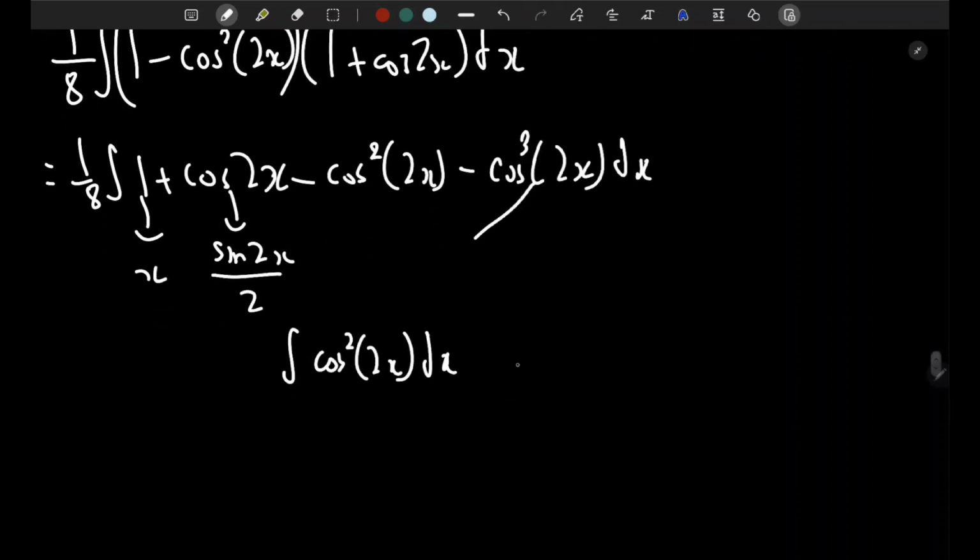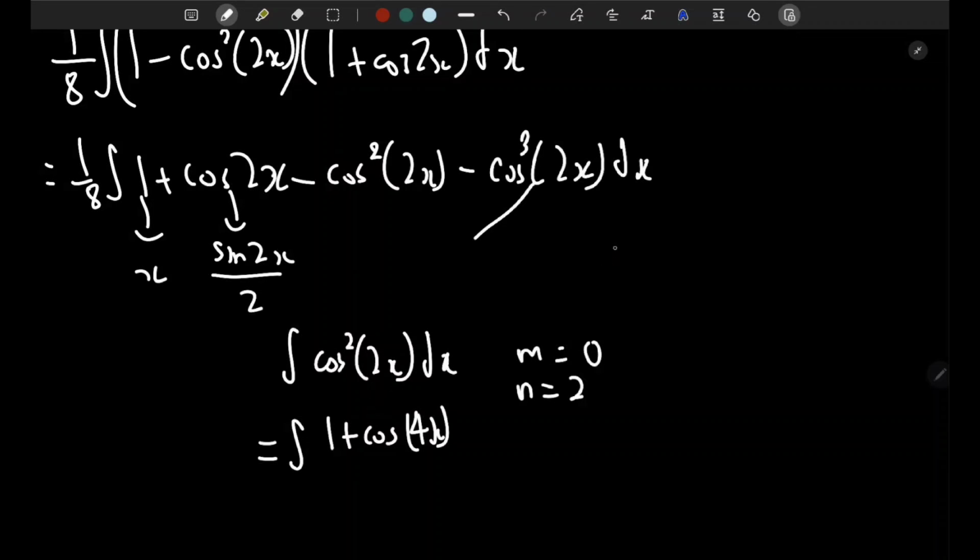Here m, the power of sine, is 0 and n here is 2. So here we again need to use the half angle identity. So the half angle was, this is equal to the integration of 1 plus cosine 4x. Don't forget this, we need to multiply whatever angle we have by 2.